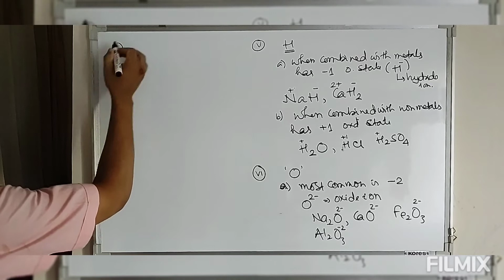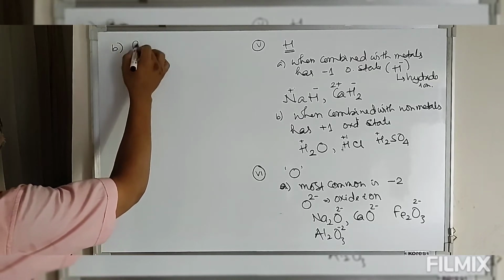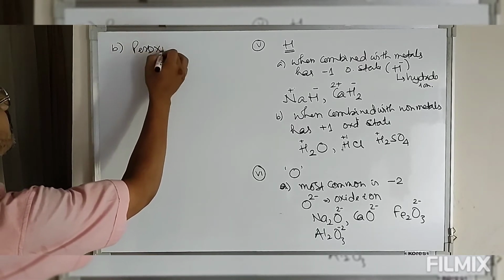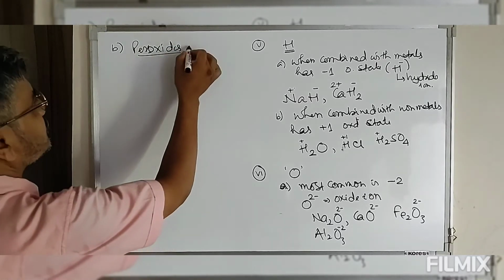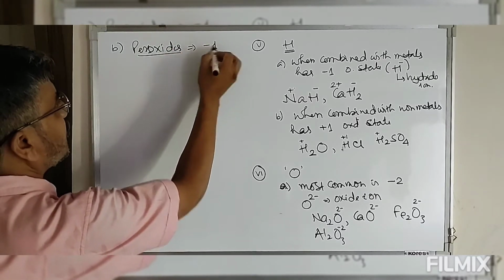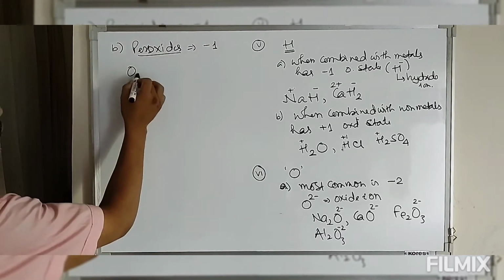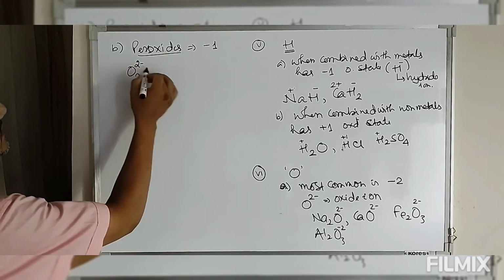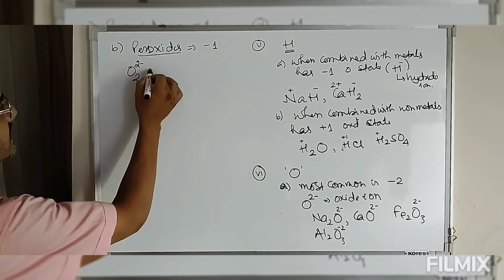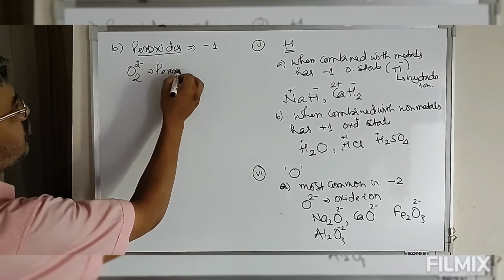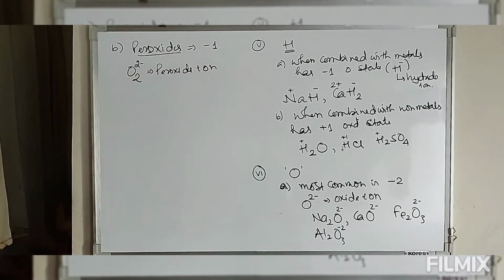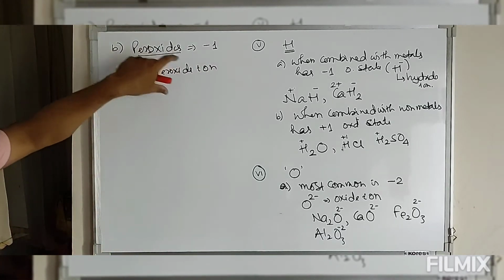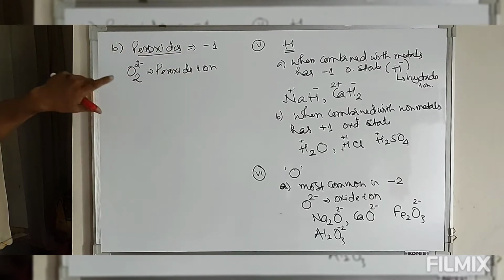Then we have peroxides. In peroxides, the oxidation state is -1. O2 2- ion is known as peroxide ion. In this peroxide ion, we have 2 oxygen.